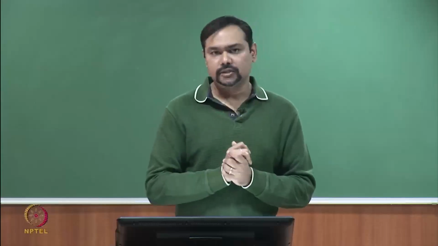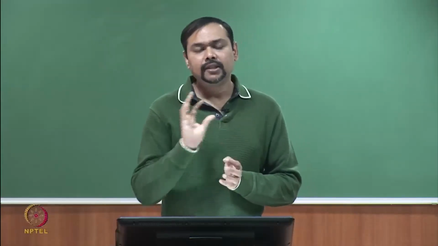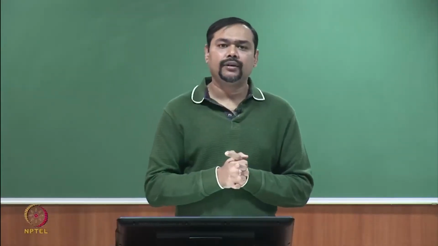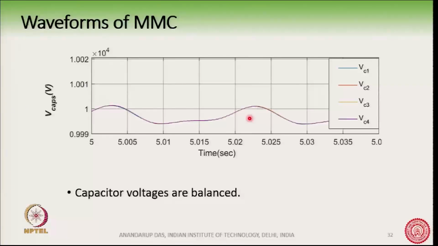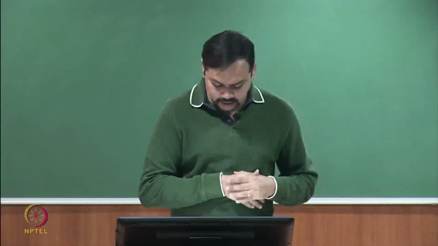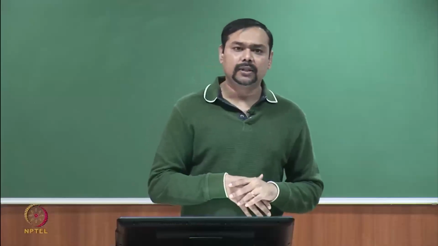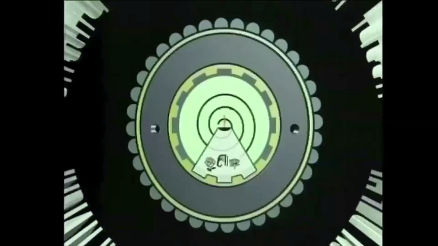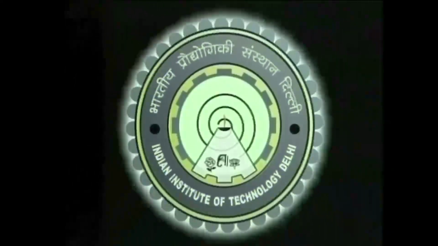We found an expression for that DC and verified it by the power balance also. But there is a second harmonic component of the arm current which we have not touched till now. We will touch it in the next lecture, but we have also shown you some simulation results here.